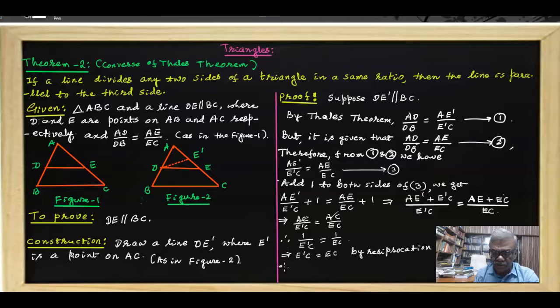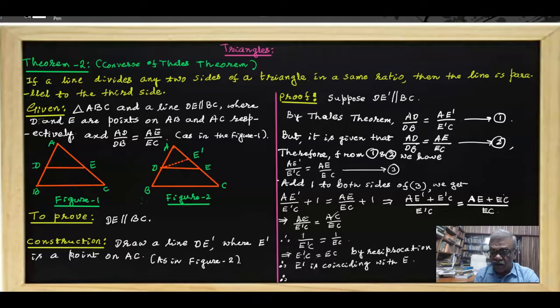Therefore, E dash is coinciding with E, and hence E dash and E are one and the same.